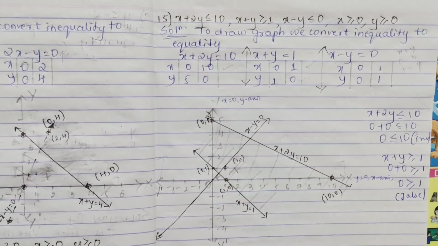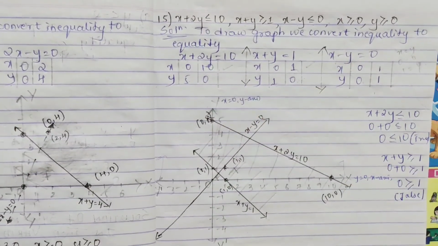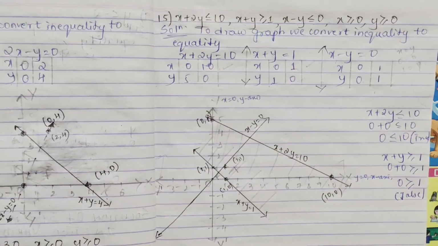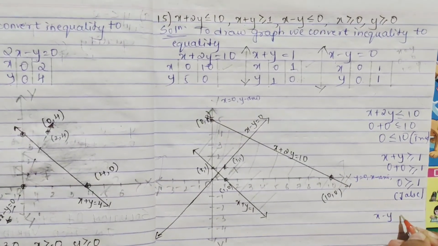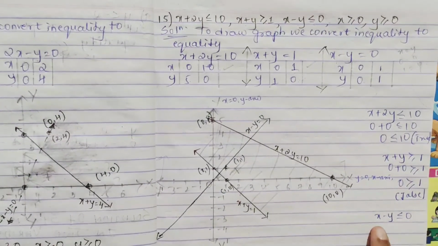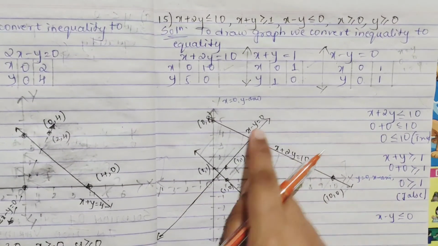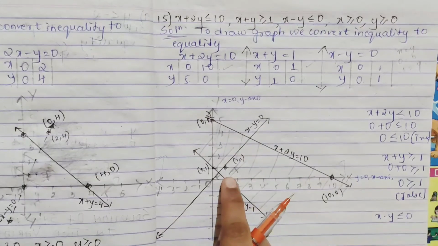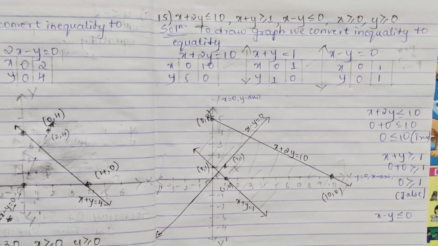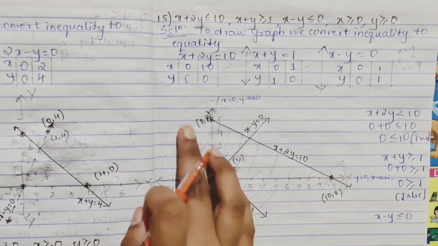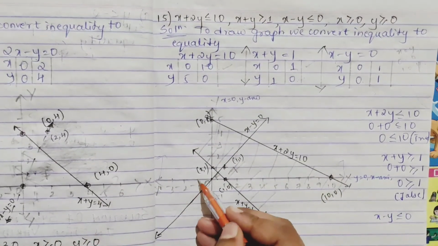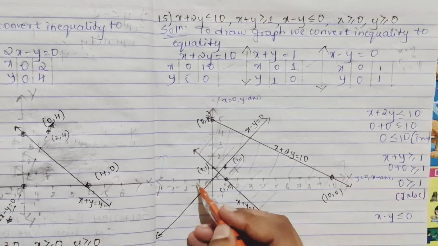Next comes x minus y less than or equal to 0. See, here 0, 0 I can't take because this point passes on the line, even 1, 1 I can't take, but you can take any points from here or from there. You can take minus 1, 1. If you take minus 1, 1, you'll get a point here.